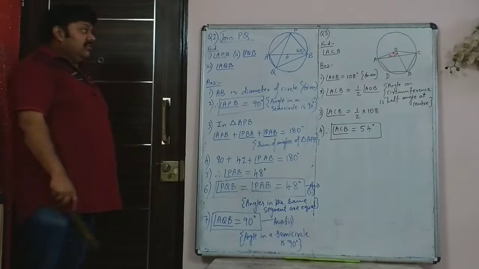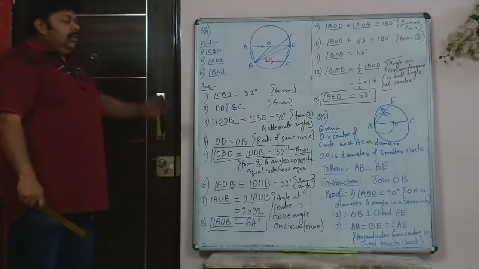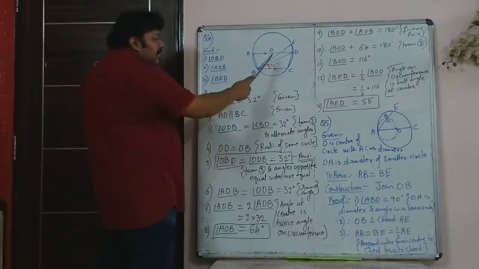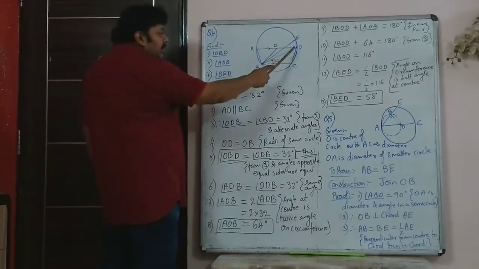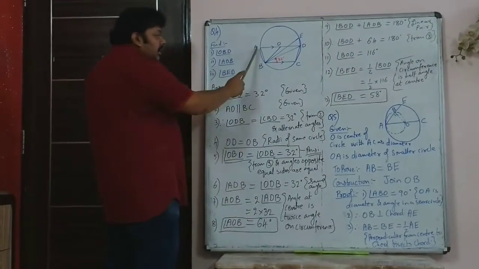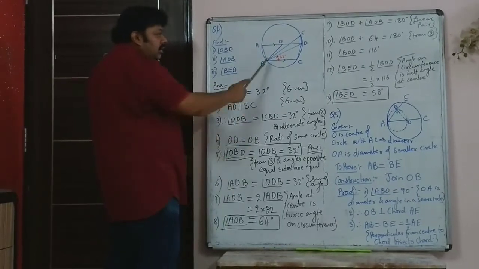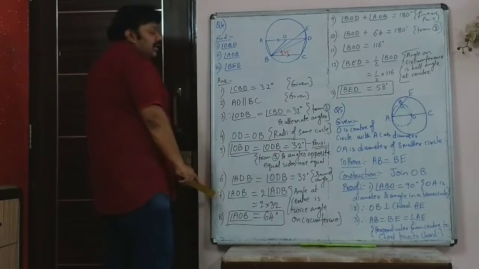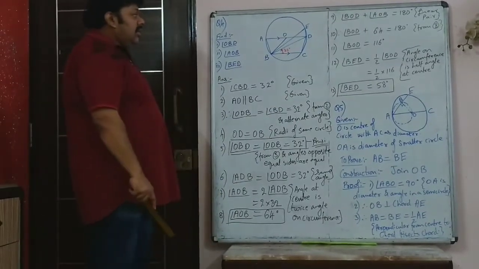Just that much. Simple. In the fourth sum, in this figure, you are asked to find OBD, AOB and BED. So these 3 angles are asked.